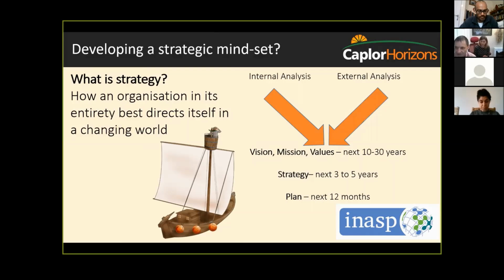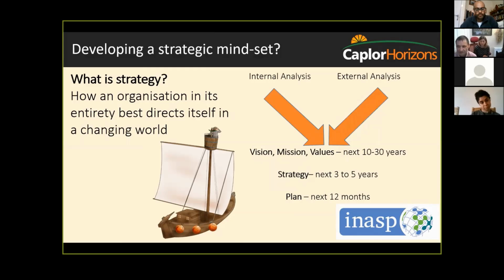So this slide is to make sure we bottom out, well, what is strategy? There are millions of words written about strategy and leadership, and many definitions of strategy. Here's a definition I particularly like: how an organization in its entirety best directs itself in a changing world.